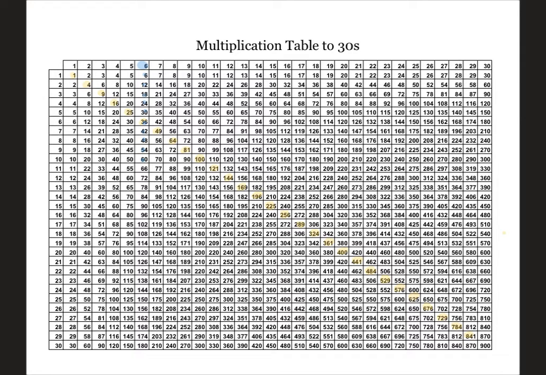As you're finding your factors, say you're doing your factoring, and your number is 40, and you're trying to find all of your factors of 40. Okay, 40 divided by 1, or 40 divided by 2.